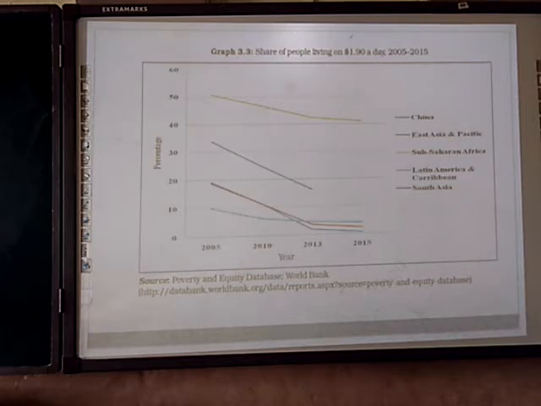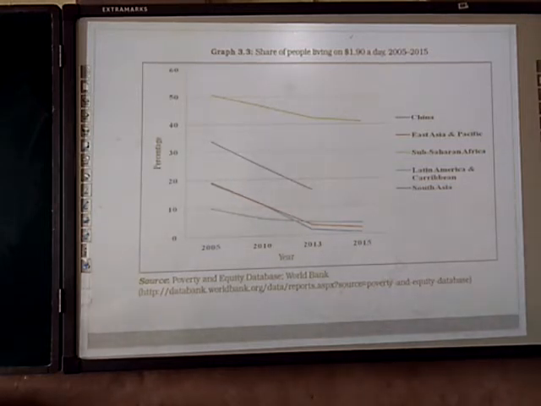The graph shows the share of people living on $1.90 a day from 2005 to 2015, from the poverty and equity database of the World Bank.